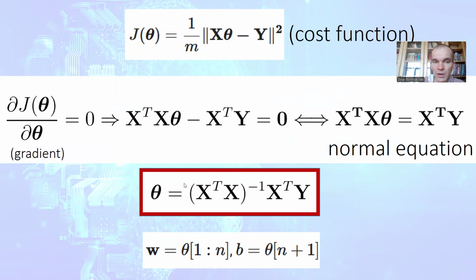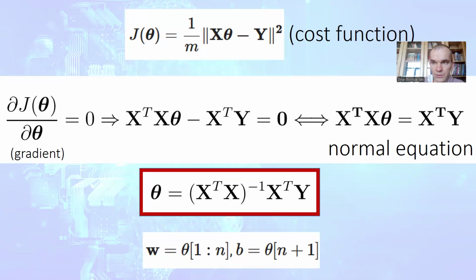And finally, we get the normal equation shown on the right part, from which we can find vector theta by finding the inverse of matrix X transpose X, and then multiplying by X transpose and vector y. So finally, we can extract our desired vector w as the first n coordinates of vector theta and b as its last coordinate. Of course, there could be some problems with the inversion of matrix X transpose X, and sometimes we have to add some regularizing term.